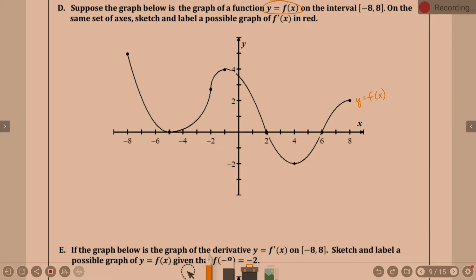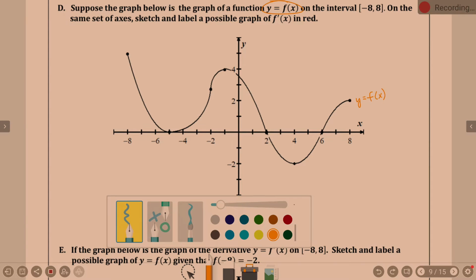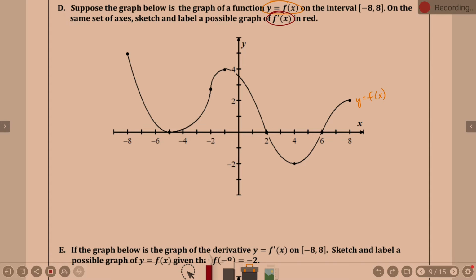On the same set of axes, sketch and label a possible f prime of x. I guess technically it says in red. It doesn't matter because we're only putting one extra graph on here. So I'm not sure why the coloring is mattering, but we need to go through and figure out everything we can to sketch the derivative here.